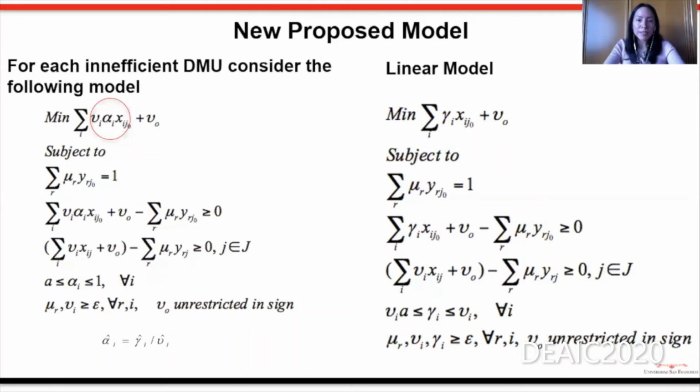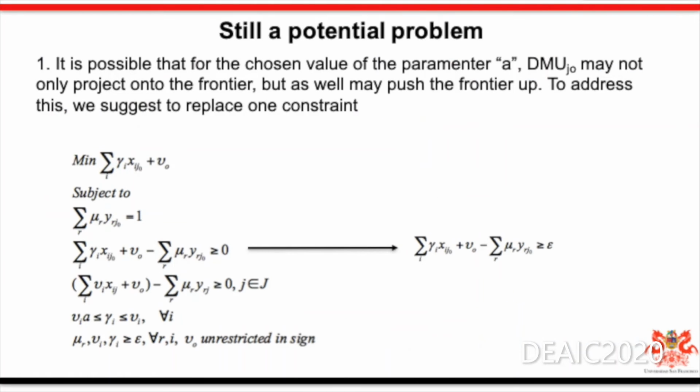To formalize this idea, we argue that the disadvantaged DMU is in two lines of business. In the next slide, I will show you that there is still a problem with this situation. Now, it is possible that for the chosen value of the parameter a, the DMU j0 may not only project onto the frontier, but as well may push the frontier up. To address this, we suggest replacing one of the constraints.